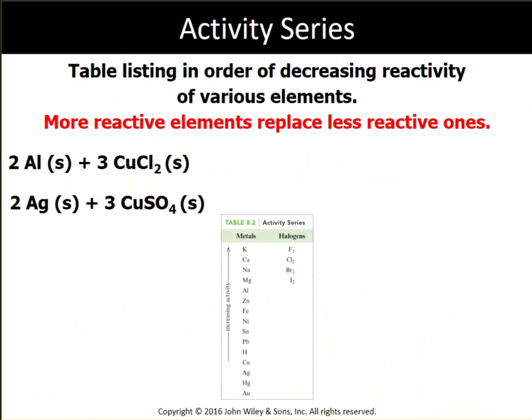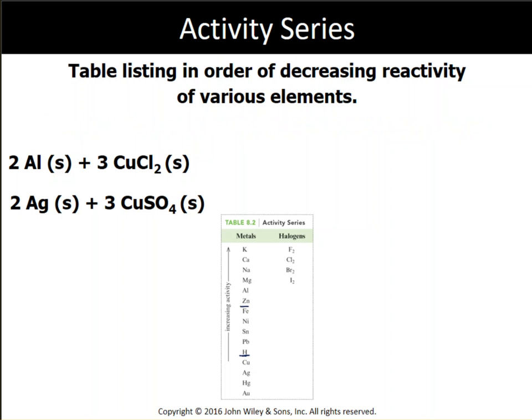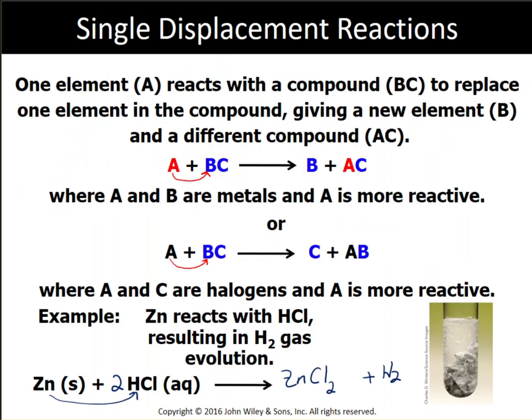Let's look at this chart here. We were looking at a reaction of zinc and hydrogen, and we wanted to know if zinc replaces hydrogen. If you look at the activity series, zinc is more active than hydrogen. So therefore, zinc can replace hydrogen and produce zinc chloride and hydrogen gas.